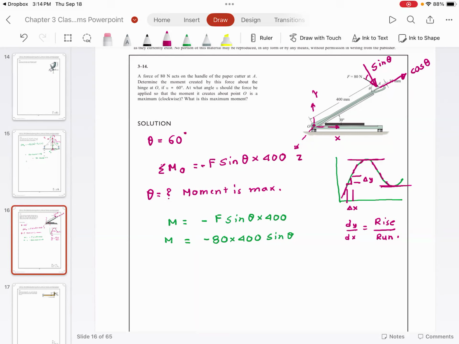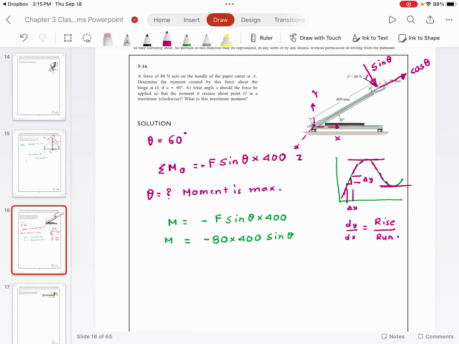Now, so to find out extrema, I would take the derivative and equate it to zero. Now, whether that extrema is maxima or minima depends upon the slope of the slope at that point. Once again, I repeat.